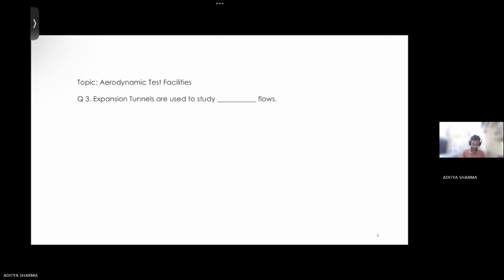And the question number 3 says that expansion tunnels are used to study dash flows. And the options we have are: first one is transonic, second one is supersonic, third one is hypersonic, and the fourth one is hypervelocity flows.